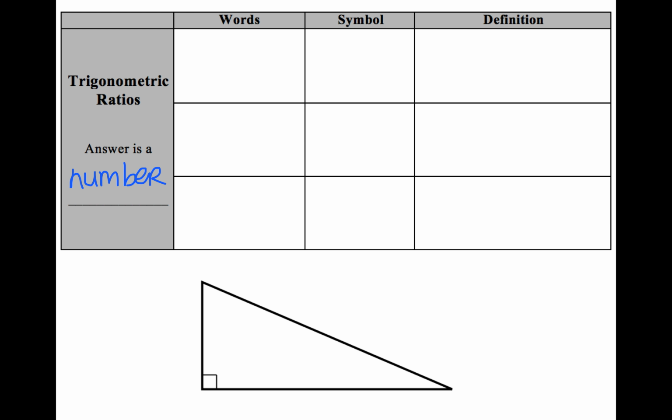First one that we've got is sine. The symbol that we're going to use, or our shorthand, is sine theta. That little circle with a line through it is the Greek letter theta.